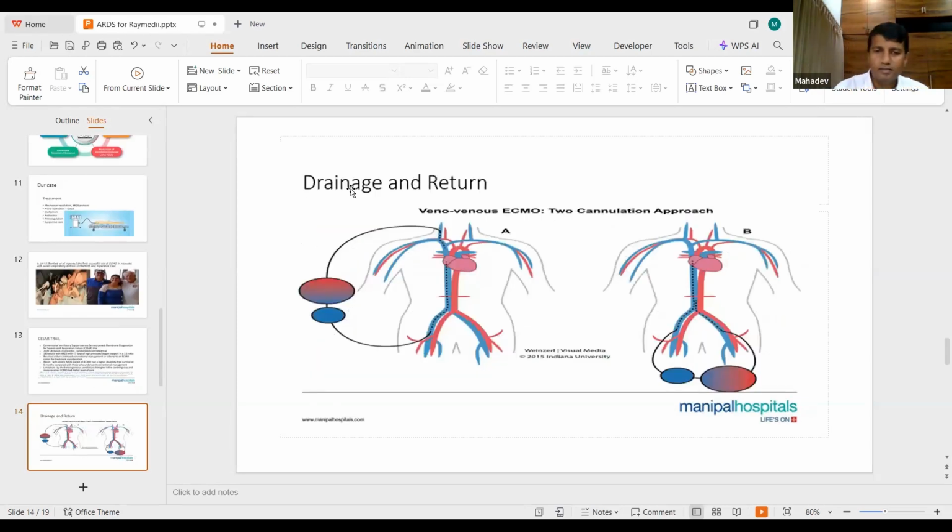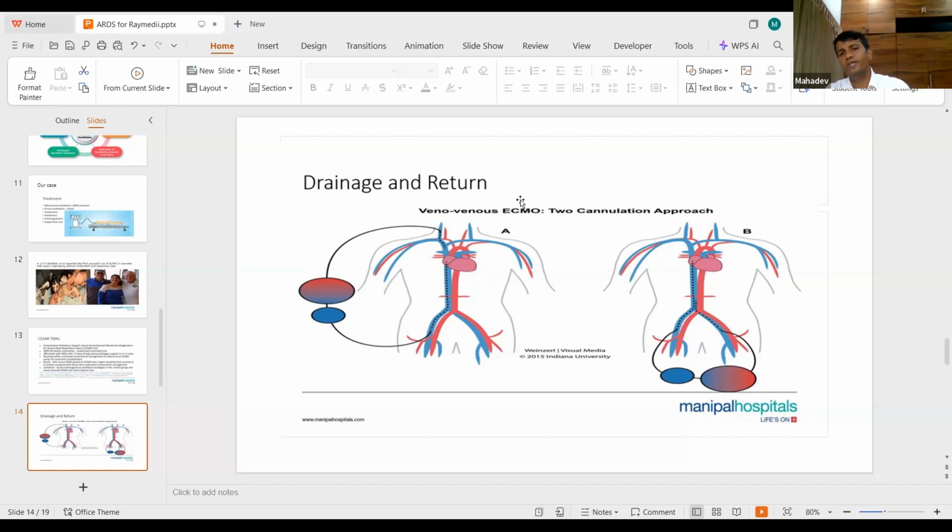So with ECMO, the basic concept is this is a VV ECMO. VV ECMO is veno-venous ECMO, where the heart is normal in such patients, but you have a problem with oxygenation and elimination of carbon dioxide. So the heart functions as it is. You take out deoxygenated blood from a major vein, oxygenate it, remove carbon dioxide, and pump it back through another vein.